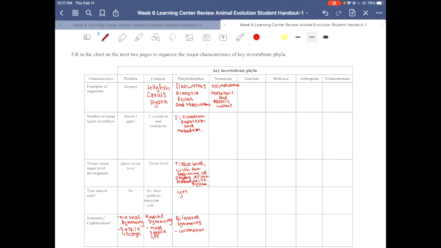So these are types of roundworms. And then for the number of tissue layers in embryo, it's going to be the same as the last phyla. So they're also going to have 3.